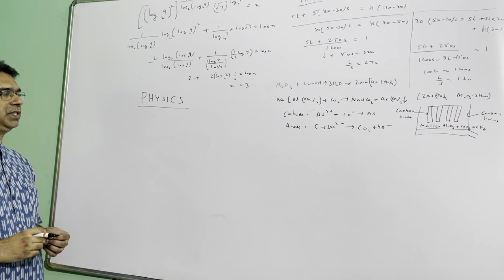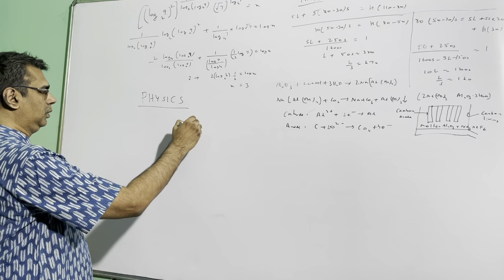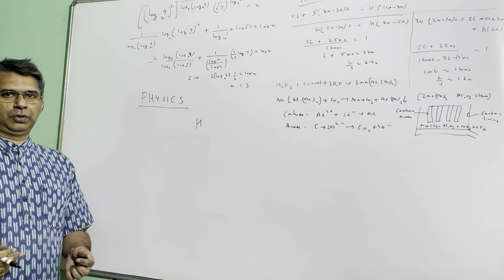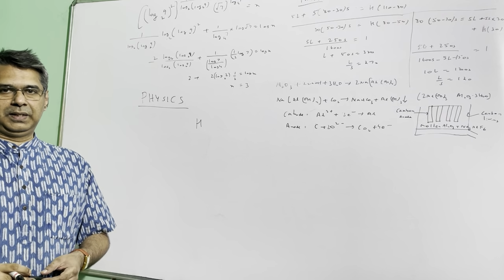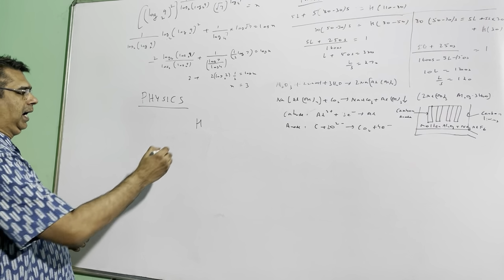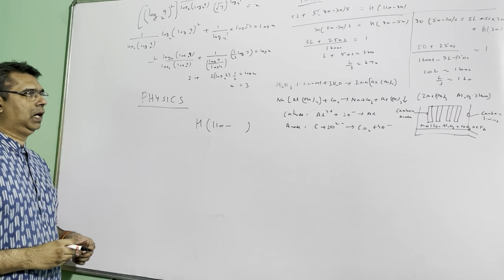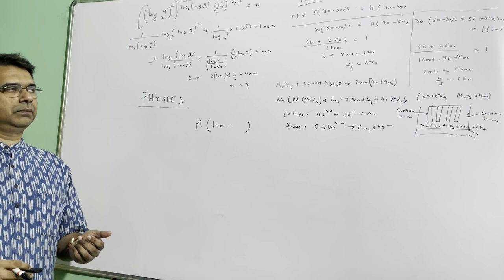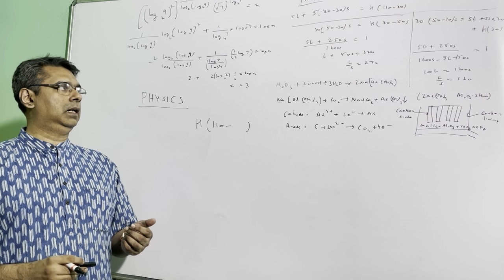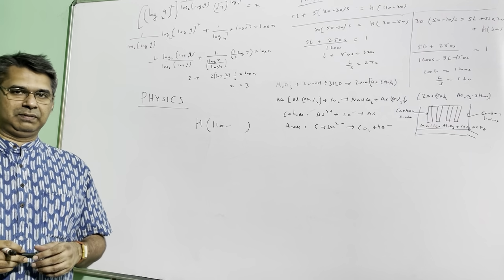In the physics question, it was given that there is a calorimeter. Calorimeters are made of copper. So let's say the heat capacity of the calorimeter material is H, and the temperature is 110, and after you add a particular liquid to the calorimeter at 80 degree, which is the boiling point, 5 grams of liquid completely evaporates.